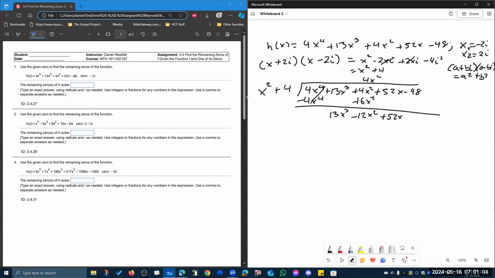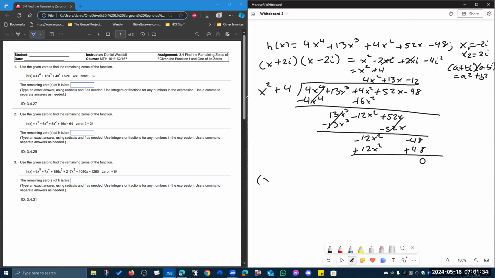X squared into 13x cubed is 13x. 13x cubed and 52x, subtract gives me negative 12x squared minus 48. And that's going to be a negative 12. Negative 12x squared minus 48. Change my signs and add. I get a remainder of 0.